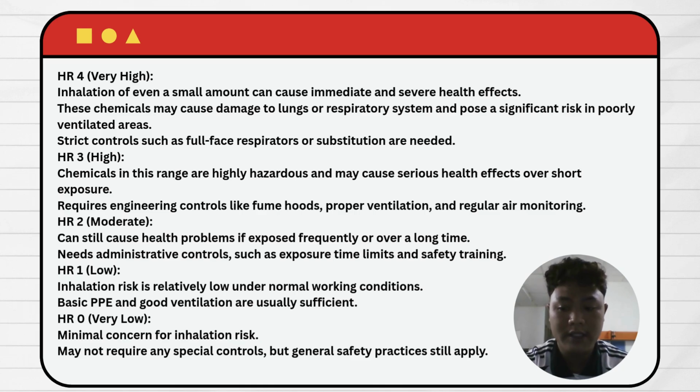The hazard ratings are as follows: HR4 very high, LC50 less than 500 ppm for gases, or 2 mg per liter for dust or mist. These chemicals are extremely toxic. The second one is HR3 high, LC50 between 500 to 2500 ppm. These are also dangerous and require strict control measures.